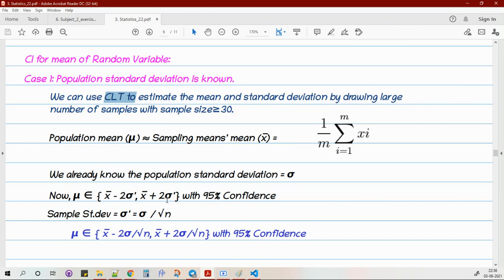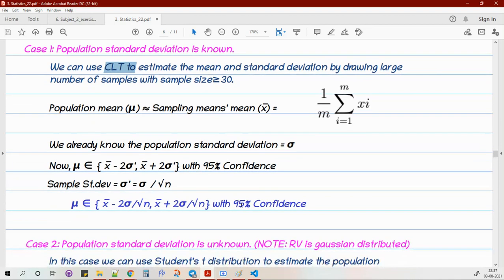Now what is this sigma dash? Sigma dash is nothing but, what we have seen, sigma divided by root n, right? Sample standard deviation is equal to sigma divided by root n, correct? And that we saw actually. So this is nothing but the estimation of mu in this range, right?